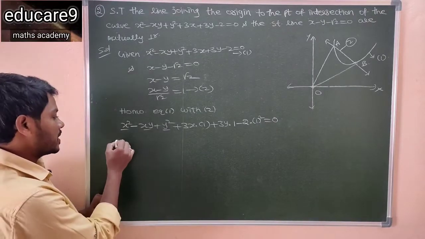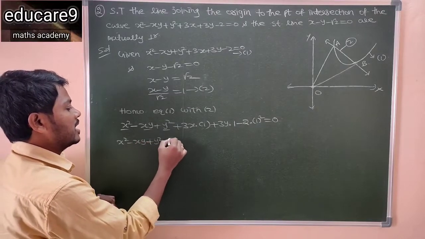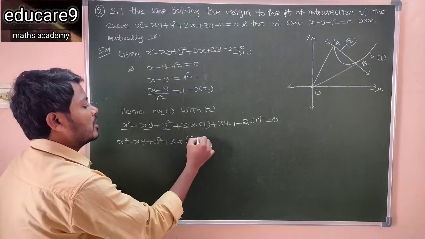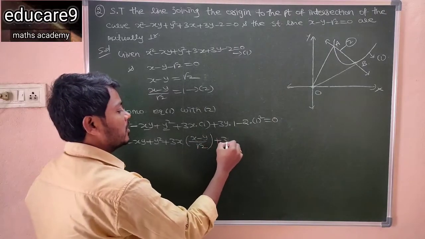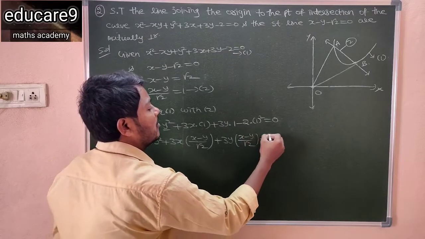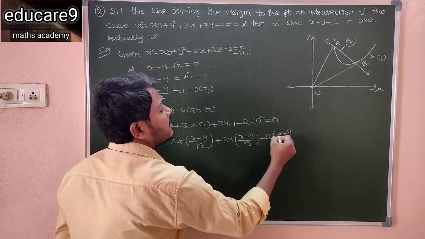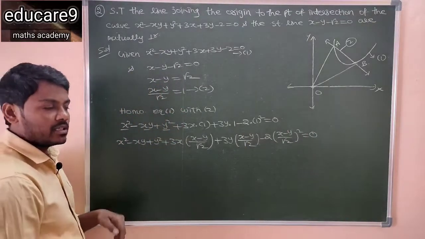So see here: x² − xy + y² + 3x(x − y)/√2 + 3y(x − y)/√2 − 2((x − y)/√2)² = 0.